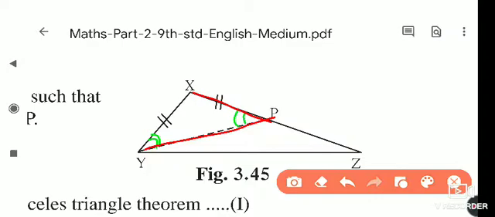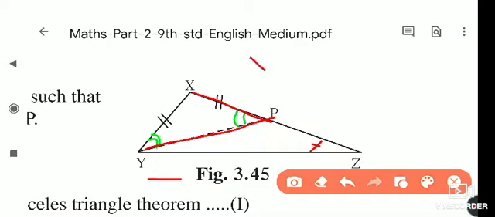Its measure is greater than pzy and also pyz, because the sum of these two angles, pyz and pzy, is equal to xpy according to the exterior angle theorem. So xpy is greater than pzy.